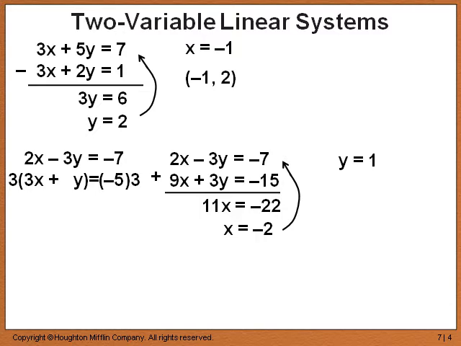We're going to use the first equation, and we end up with y equals 1. So once again, we have solved this system. We found that the ordered pair that satisfies it is negative 2, 1, x equals negative 2, y equals 1. And we found it using the method of elimination.